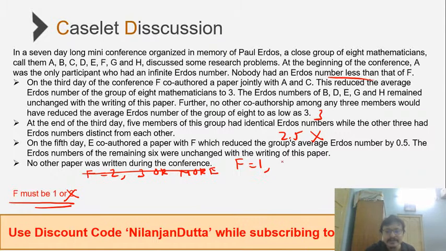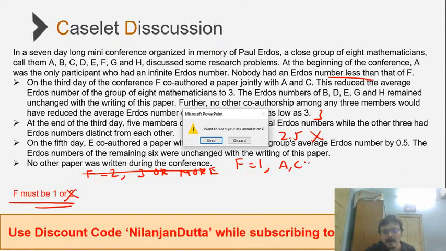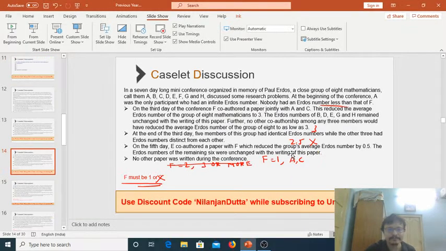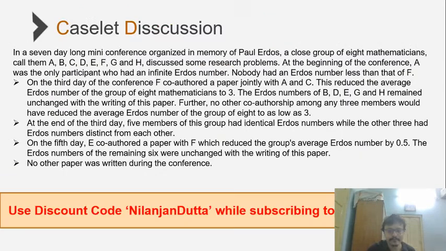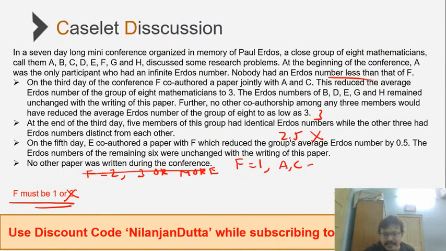That also means A and C will end up with an order of number of 2. And not only are A and C going to be equal to 2, but E will also end up with an order of number of 2 eventually.